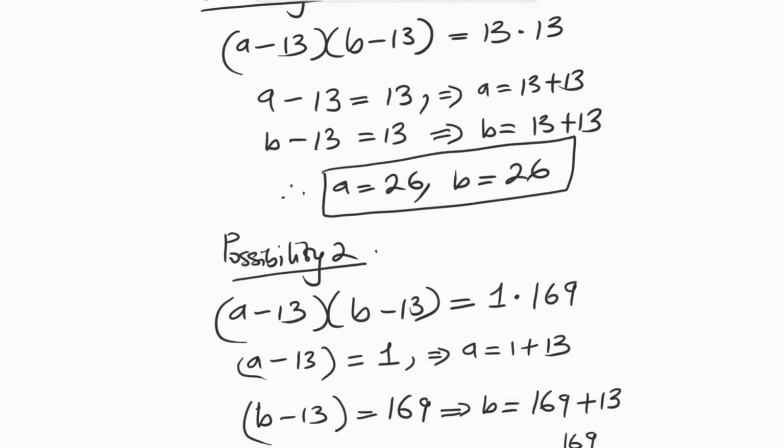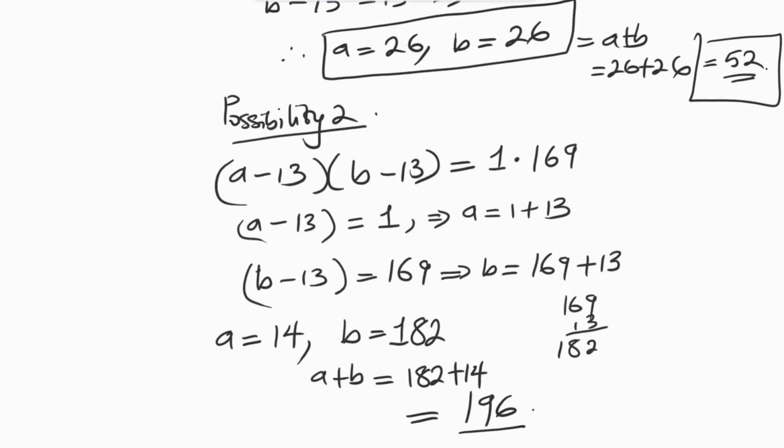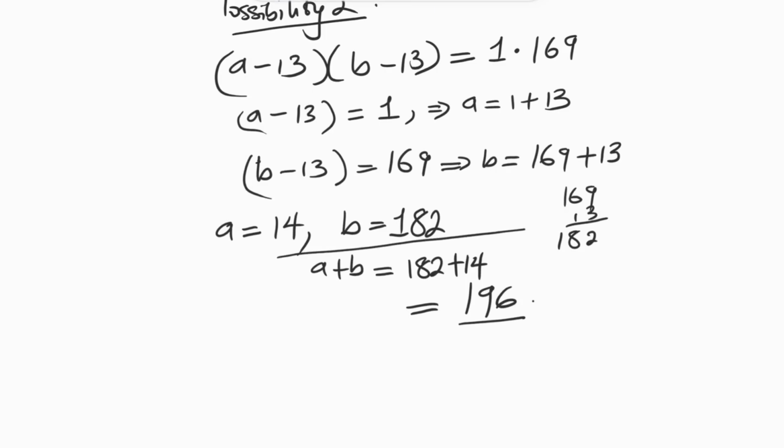So if we go back here to add this up, a plus b here will give us 26 plus 26, which will give us 52. So a plus b here gives us 196.